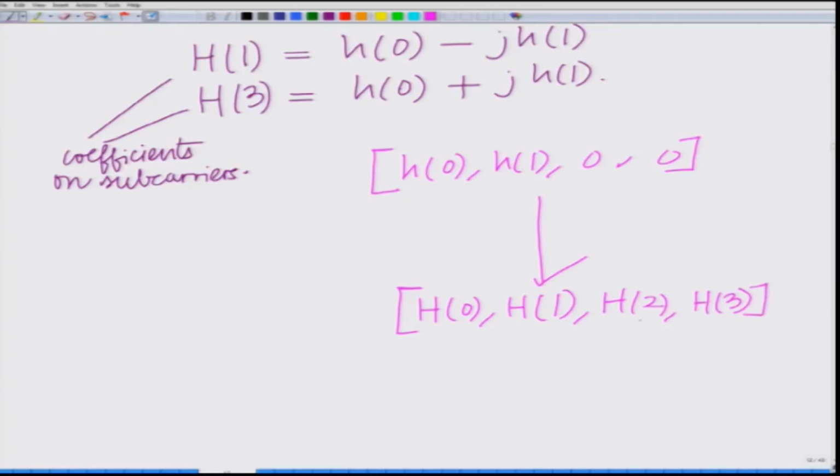So, the channel coefficients across the subcarriers, the channel coefficients in the frequency domain, are given by the zero padded FFT of the channel taps in the time domain.